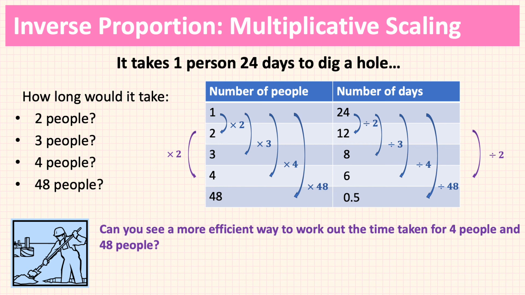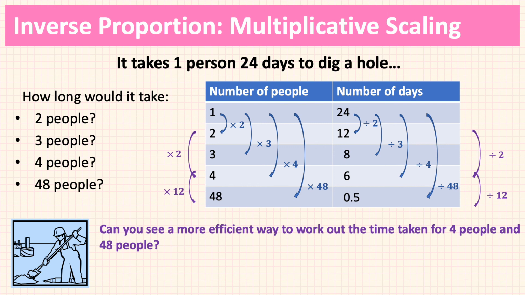And then for 48 people, you've got a couple of options here, but I think the quickest way would be, once you've calculated 4 people, you could then multiply 4 by 12 to get 48. Therefore, you would divide the number of days by 12, and 6 divided by 12 is 0.5 or a half.